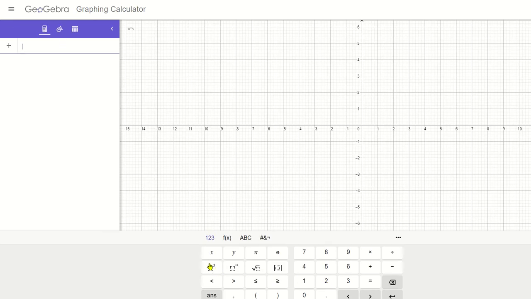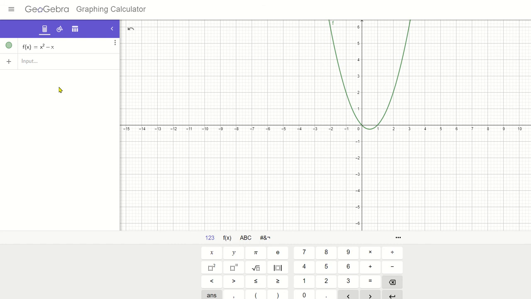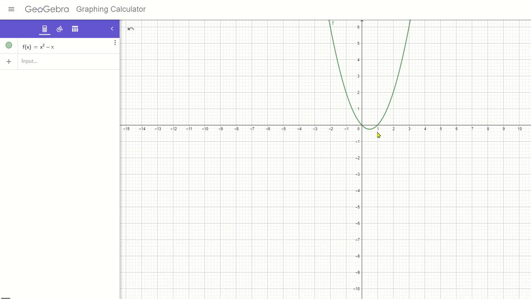X squared minus x. Okay, here we have it.